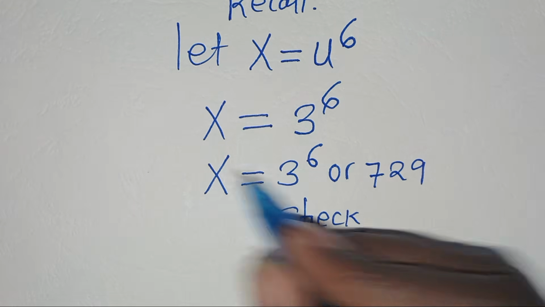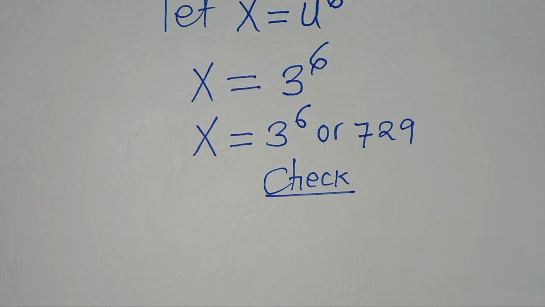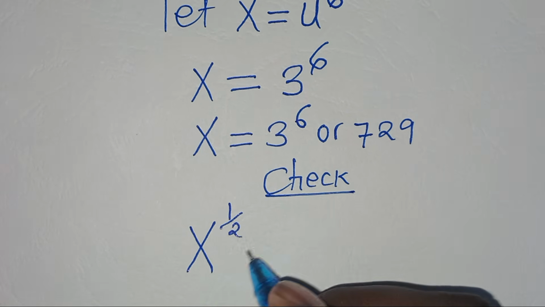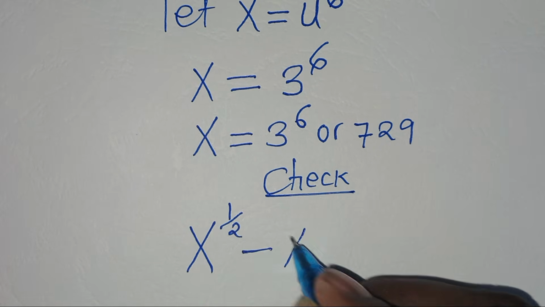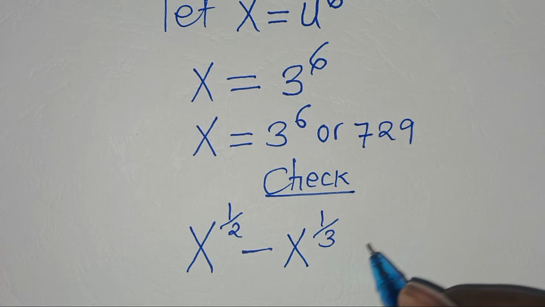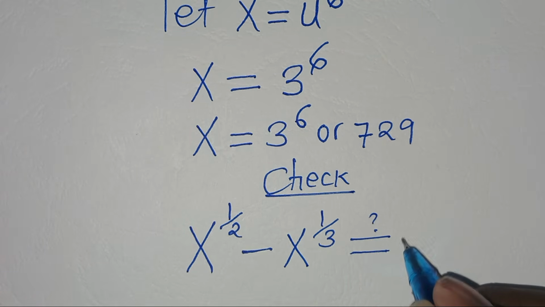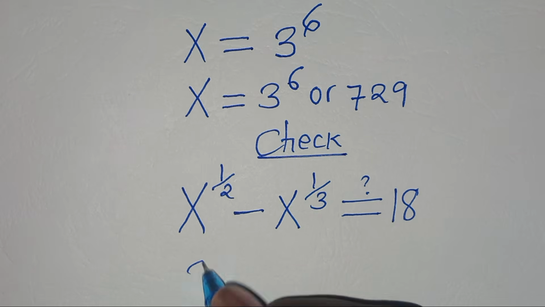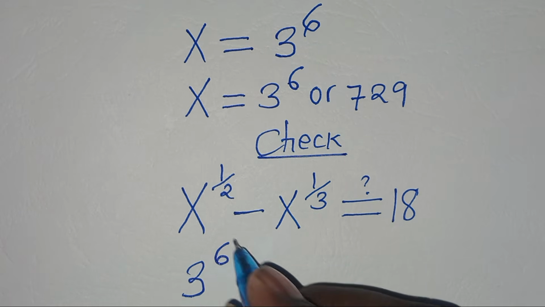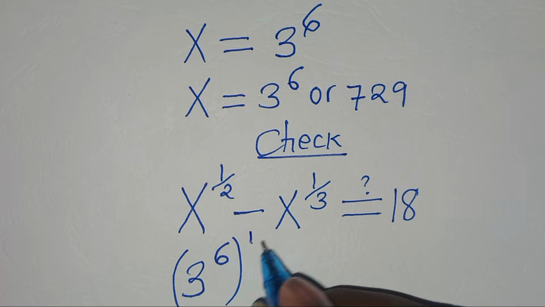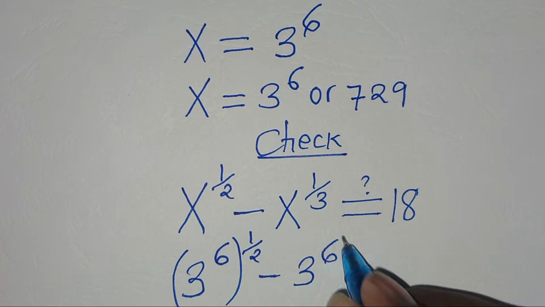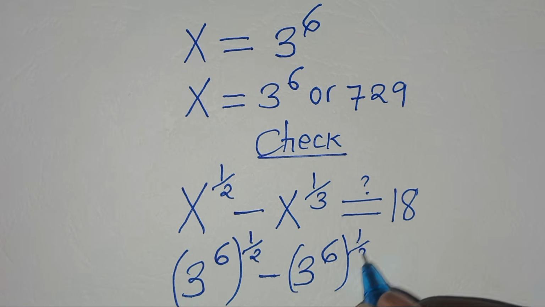Now, let's check if this value of x satisfies the equation. So we have x raised to the power of half minus x raised to the power of 1/3. This is supposed to give us a value of 18. So we have (3^6)^(1/2) minus (3^6)^(1/3).